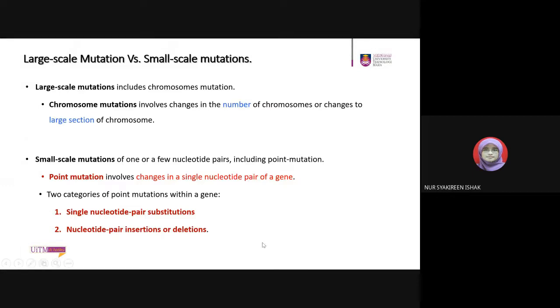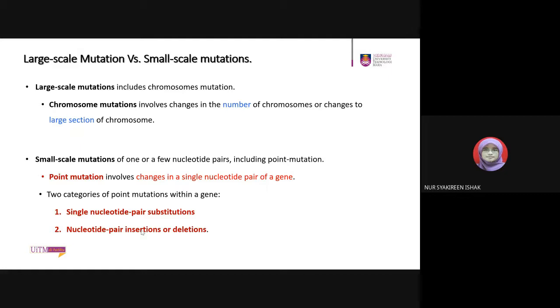Nucleotide pair insertion and deletion effect dia lagi teruk daripada nucleotide pair substitution. Sebab apa? Once you delete even one single pair, okay, so dia akan menyebabkan apa? Frame shift mutation. Semua amino acid untuk protein tu, dari point bila berlakunya deletion tu akan berubah. Sebab dia menyebabkan frame shift mutation to occur.